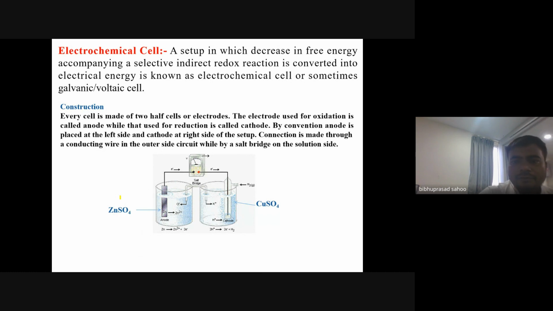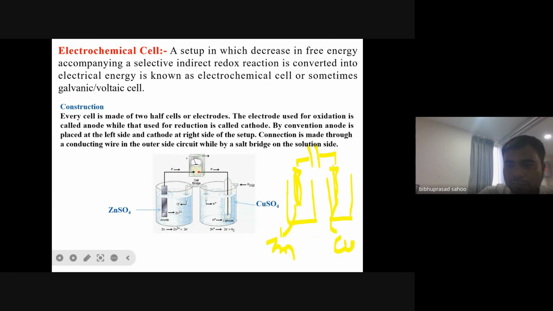Are you getting this, students? Hello, students, are you getting it? Yes, sir. This is zinc, this will be copper, and the solution here will be zinc sulfate, and this solution will be copper sulfate.